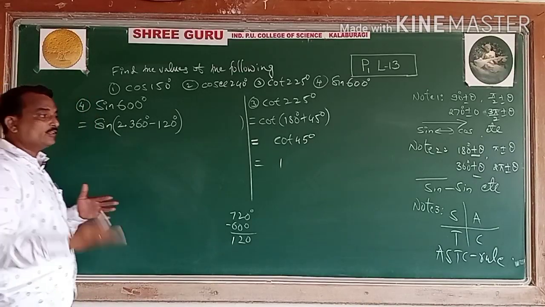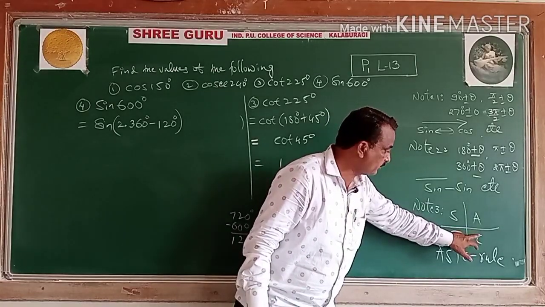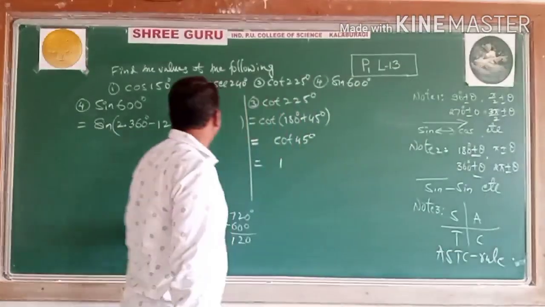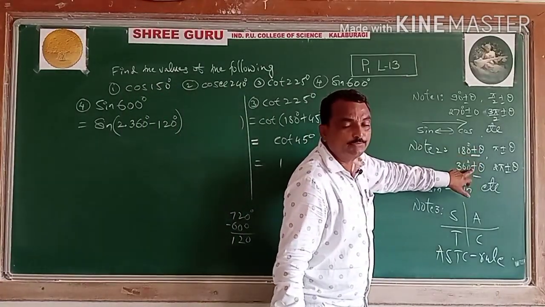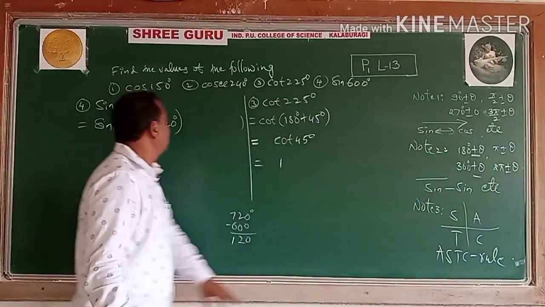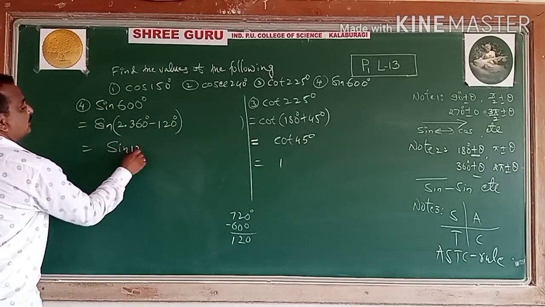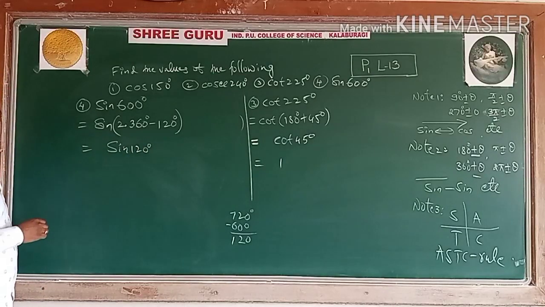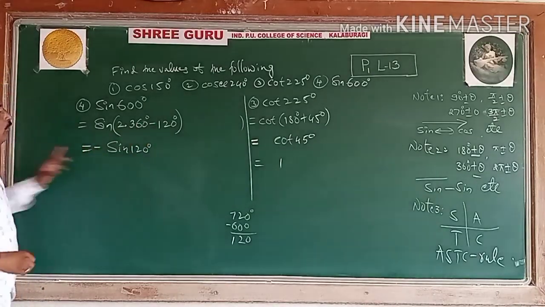2 times 360 minus, which quadrant? Fourth quadrant. 360 minus, which quadrant is it? Fourth quadrant. Does the function change or not? No change. For these two types of angles, plus or minus, the function has no change. It is only sine. Here theta is 120 degree. Clear, student?